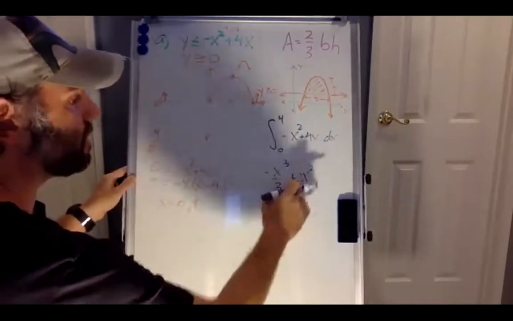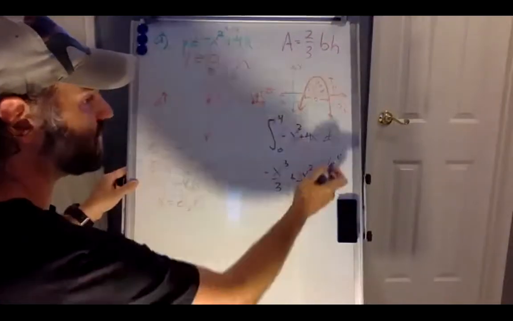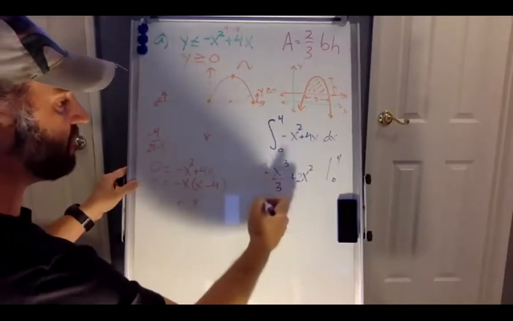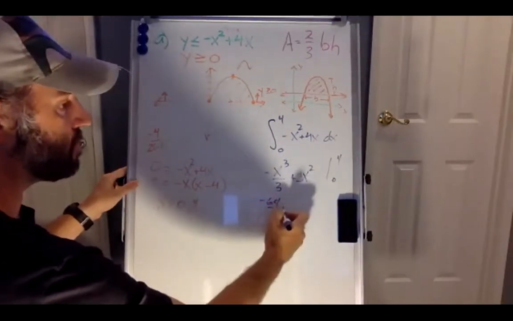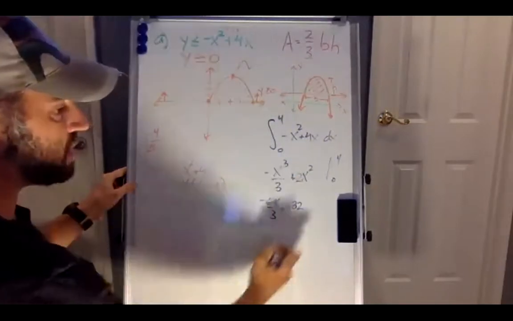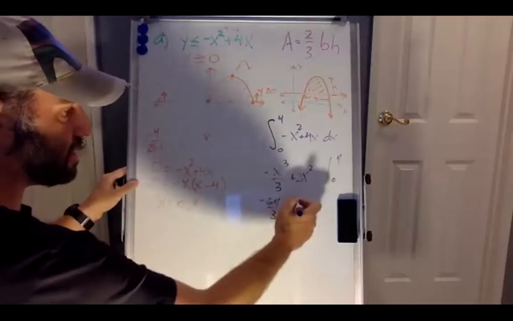Then you take that from 0 to 4. When it's 4, you get negative 64 over 3 plus 4 squared is 16, so 32. That's over 1, so times 3, which would be 96.